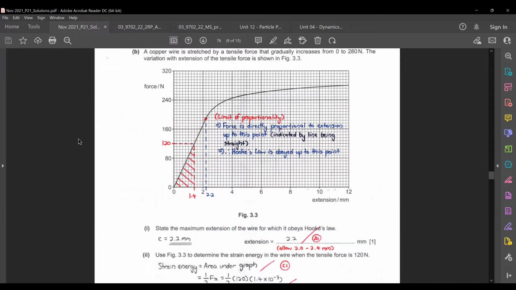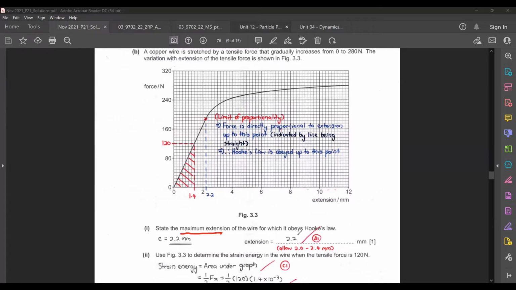Here the keyword was asking you to find the maximum extension of the wire for which it obeys Hooke's law. Now, what is Hooke's law? Hooke's law tells you that force is directly proportional to extension.